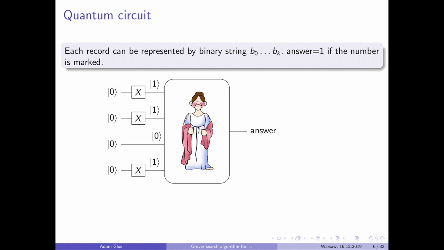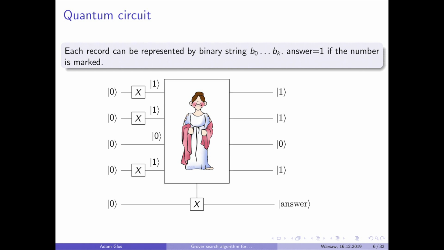We can put it into the oracle and get our answer, but usually, since quantum computations are reversible, we prefer to use another qubit for storing our answer. So if the element is good, then we apply a NOT gate on the extra qubit. All of the other qubits are unchanged.